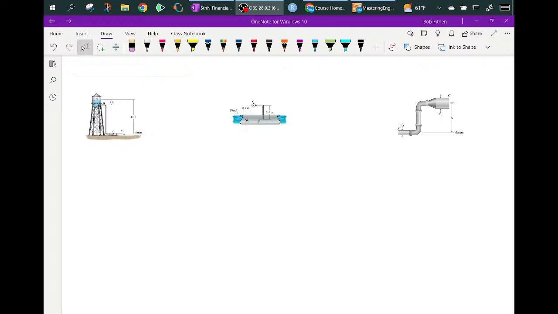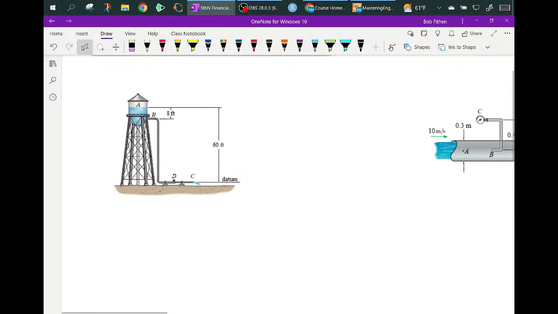Okay. These are the pictures from the three problems. So what he's done on this one, I probably should talk a few minutes about, but it really is not that weird.